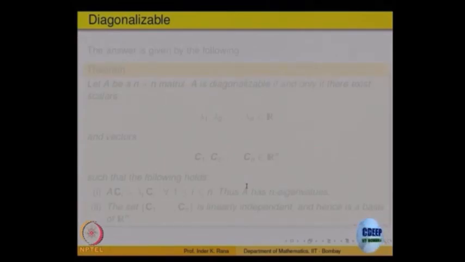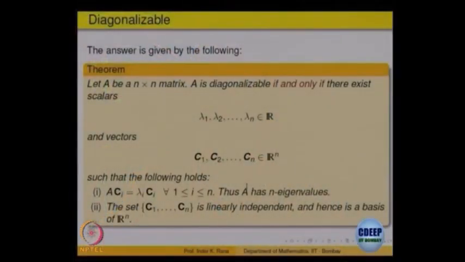And we stated a theorem; actually we proved it also partially. So, let us just go through the proof again. If A is an n cross n matrix, then A is diagonalizable if and only if, and this is an if and only if statement, there exist scalars lambda 1, lambda 2, ..., lambda n and vectors C1, C2, ..., Cn such that the following holds.